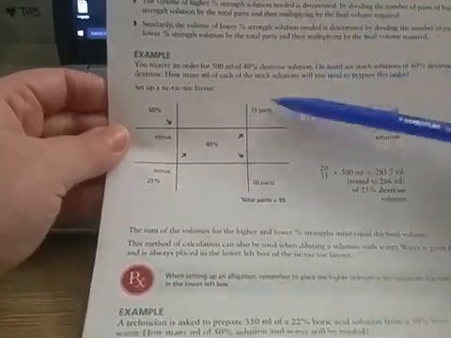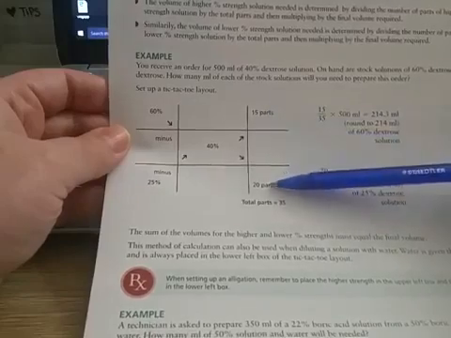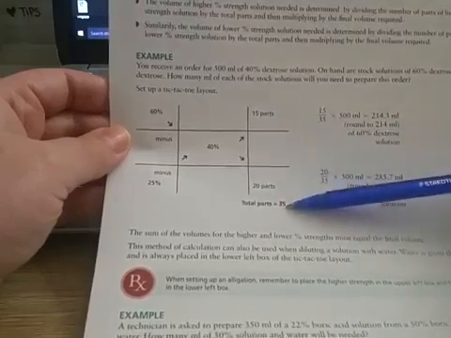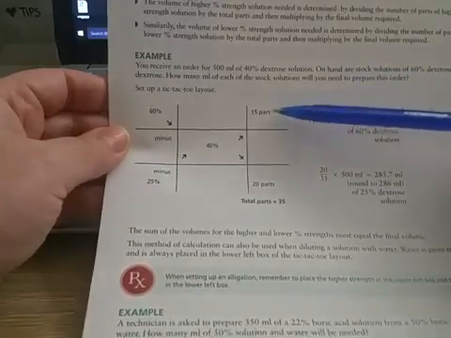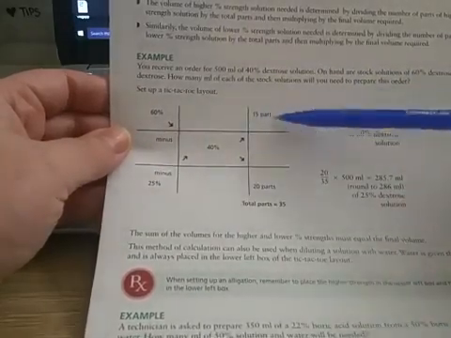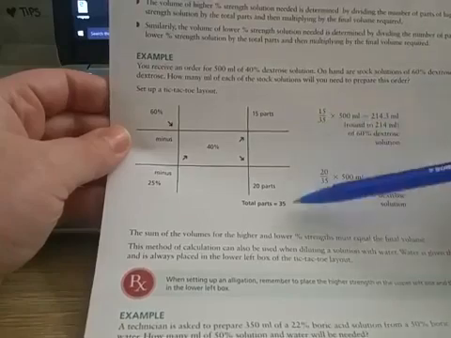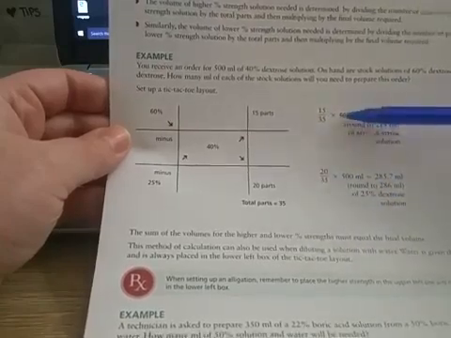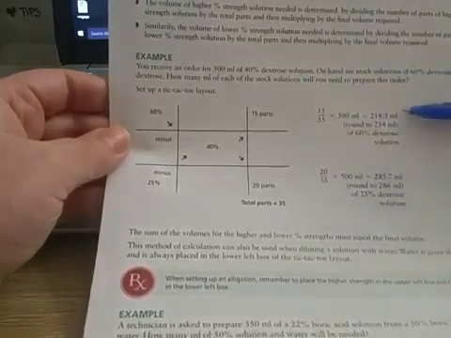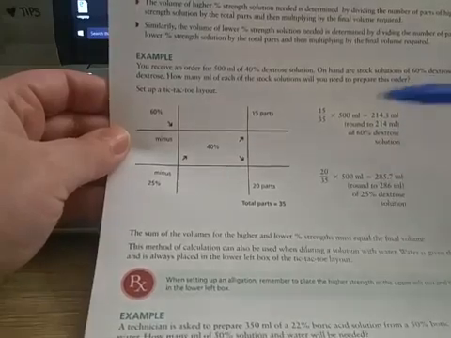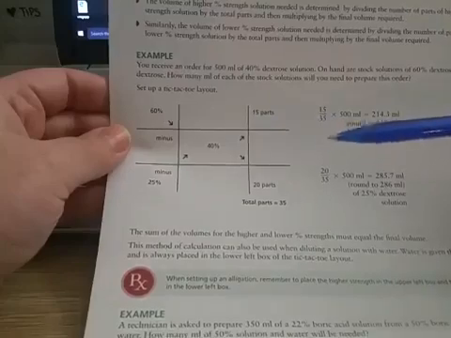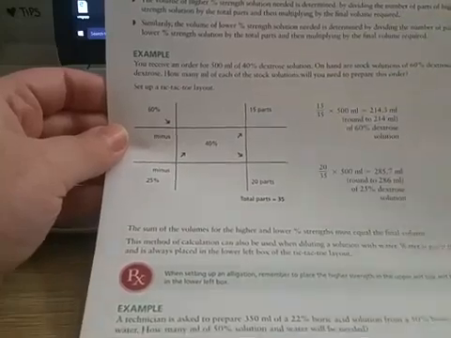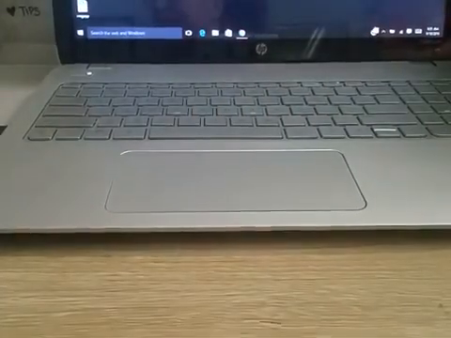The total parts here would be 15 plus 20, which gives you 35. Then you divide the parts of the higher, the 15 over 35, and multiply it by what's needed in order to get how much of that percentage solution you need. I'm going to get into the examples just so we can start.